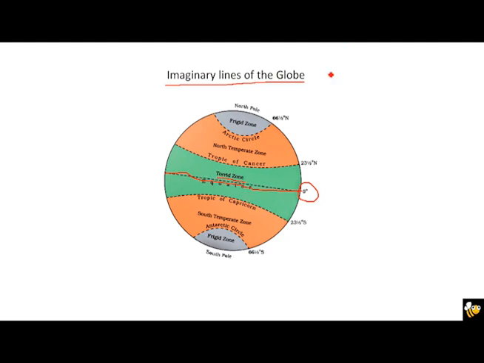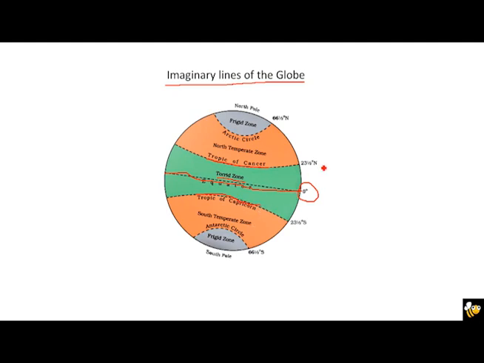Okay, so at 23.5 degrees north, we have the Tropic of Cancer, and in the southern part we have the Tropic of Capricorn.